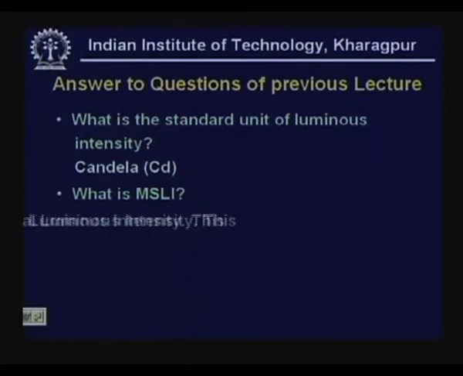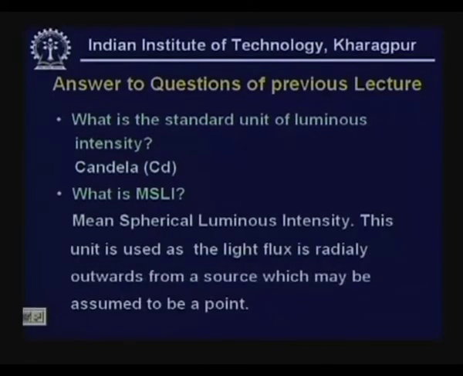Then what is MSLI? MSLI is the mean spherical luminous intensity, the light flux radially outward from a source, which may be assumed to be a point. In fact, that is why when we are dealing with lamps, we look at their light distribution curves, and we saw how one gets the mean spherical luminous intensity through a process of constructing the Rousseau diagram.